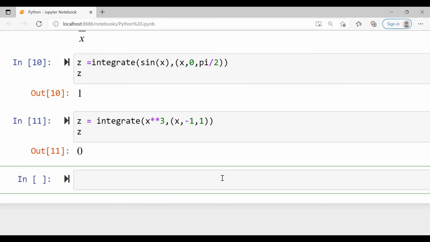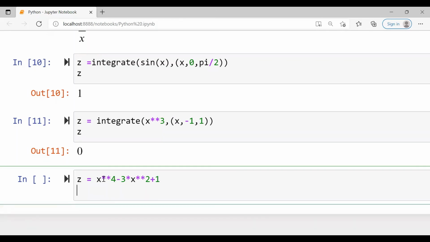That is called integration. And then we can find the factors also. So z is equal to, first give the expression, whatever you want to give. I want to find the factors of x power 4 minus 3 into x square, for square we have to use 2 asterisks, plus 1.